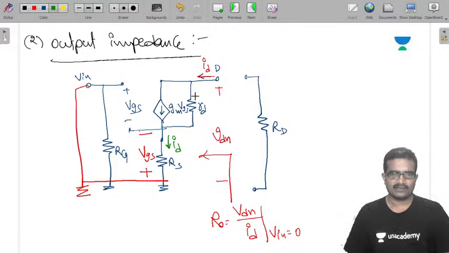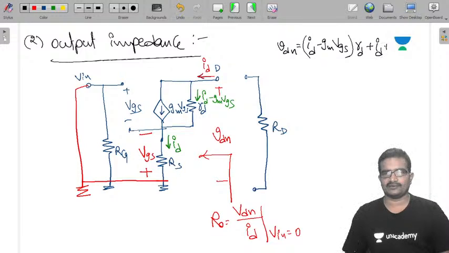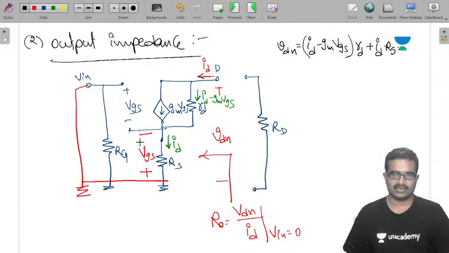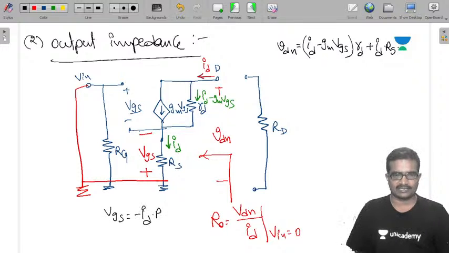At the same time, the current through this one is ID minus gm VGS. Now by applying KVL to the output loop, we get VDN equal to ID minus gm VGS into small rd plus ID into RS. And from this we can write VGS equals minus ID into RS.